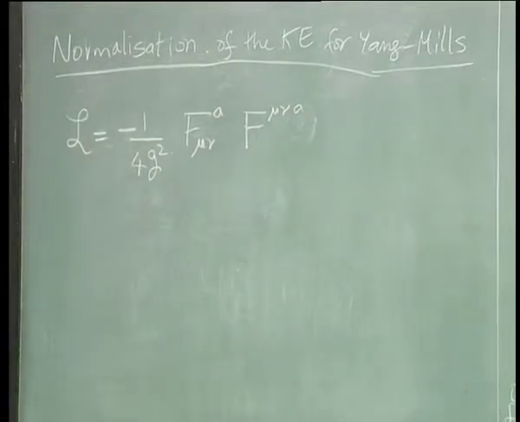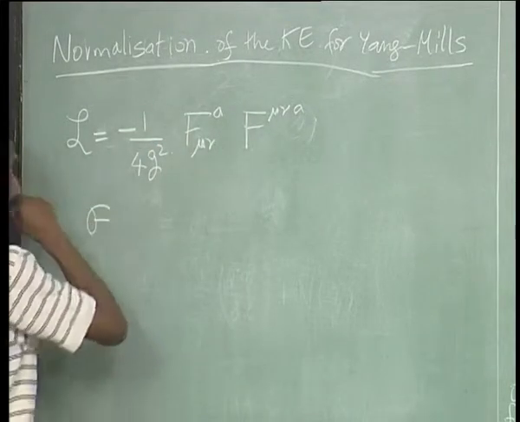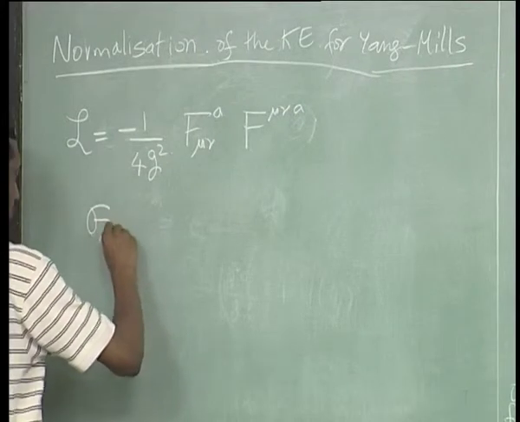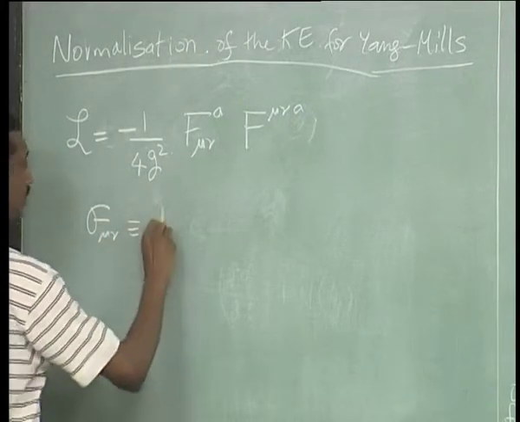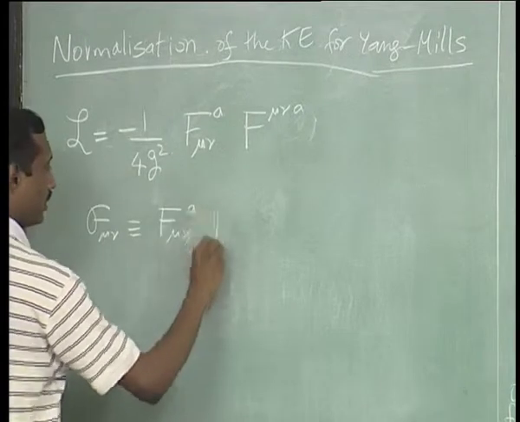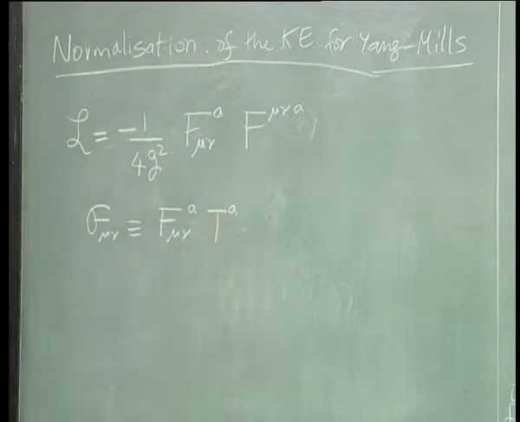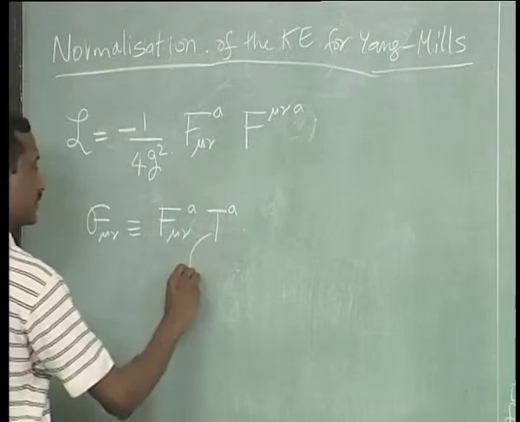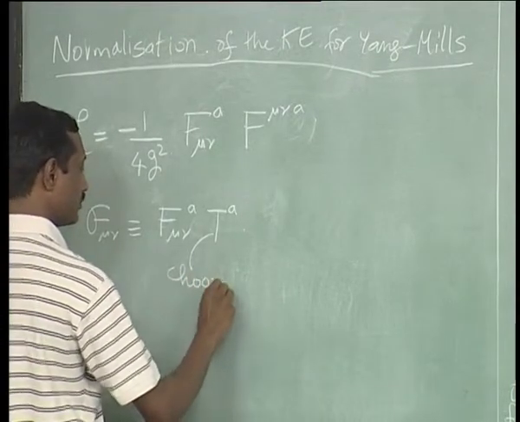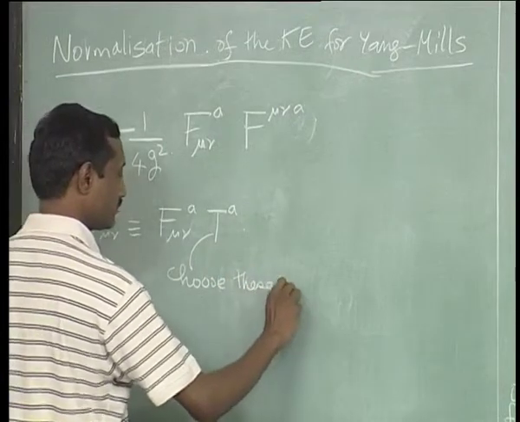But we can also ask how to write this in terms of traces. We can define this matrix valued object F mu nu as F mu nu a times T a, where T a is a generator of the Lie algebra. Okay. And let us choose these in the fundamental representation.